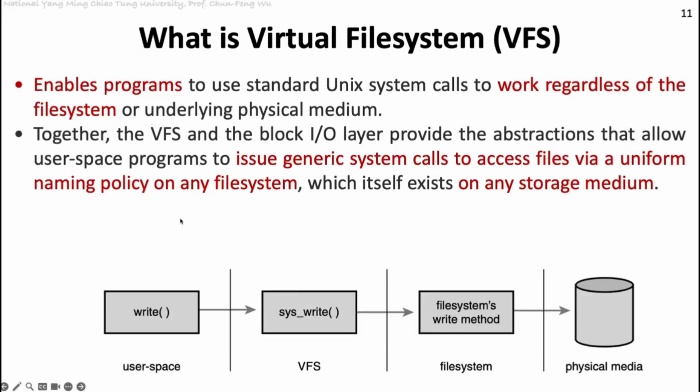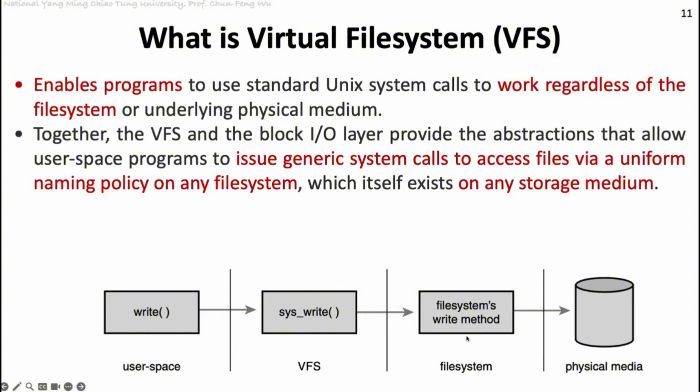Actually, for user space, most of the users only know read, write, make directory, this kind of function. But in the operating system, the virtual file system will hook the write system call with the VFS write function. And this virtual file system function will hook to all different kinds of file systems.